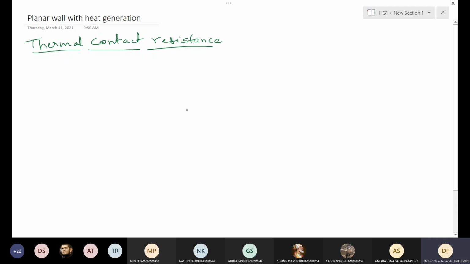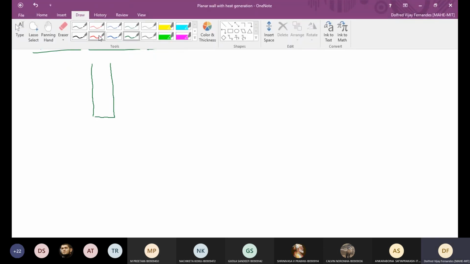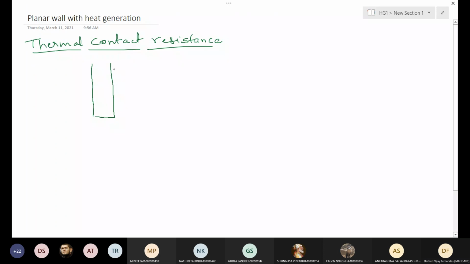So if you have two walls, at the interface what we say here is a perfect thermal contact.